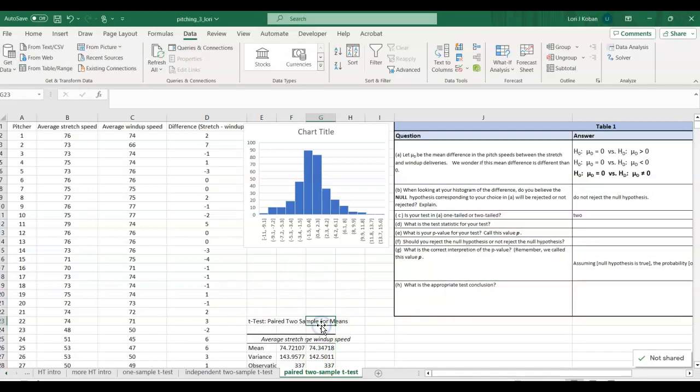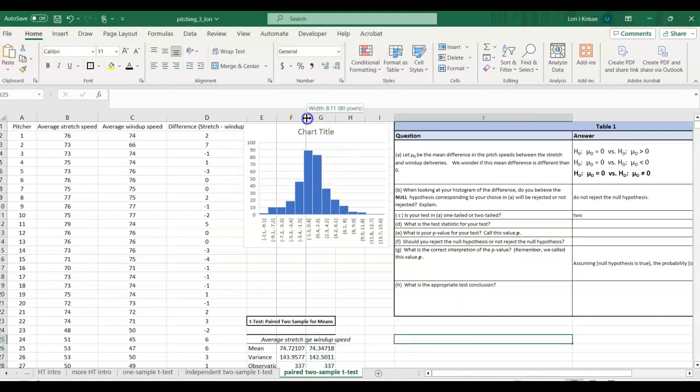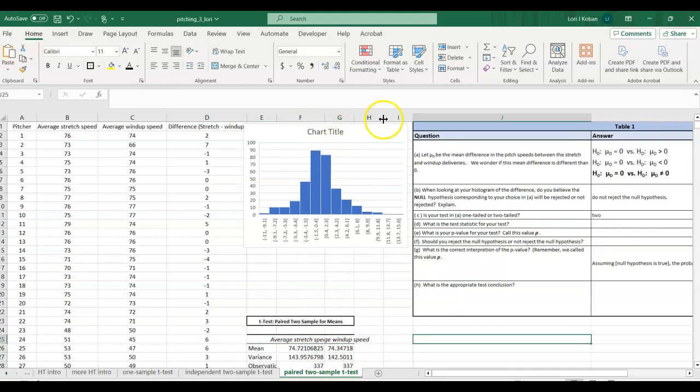All right, so now we have our paired data. And we have, this is the average stretch, this is the average windup. Let me just make those a little bigger.